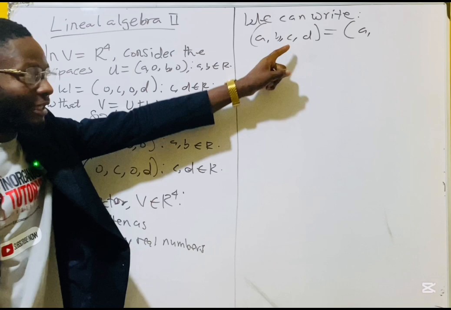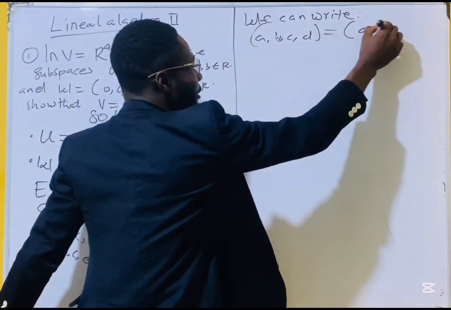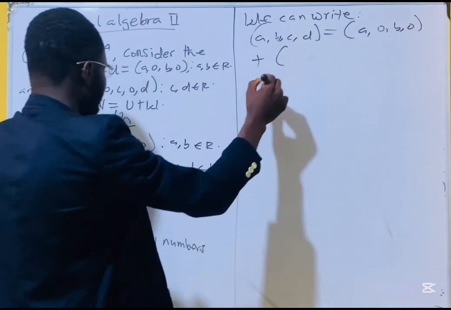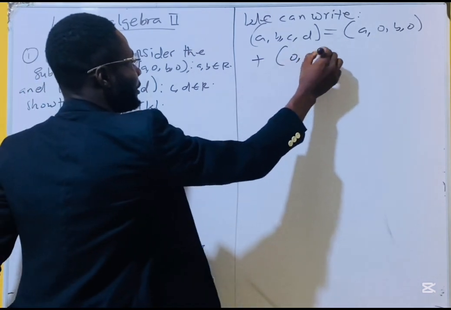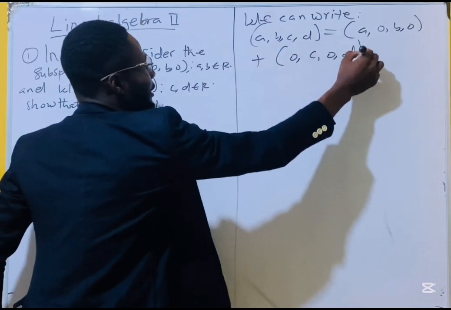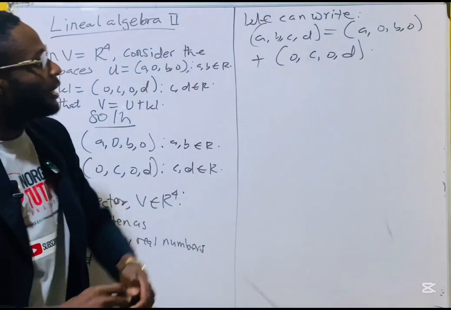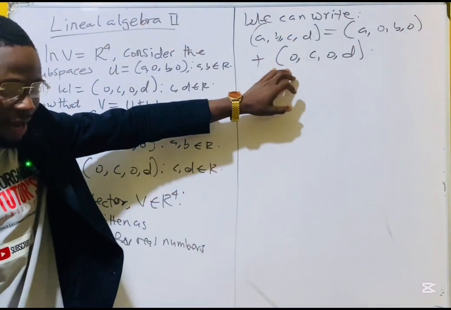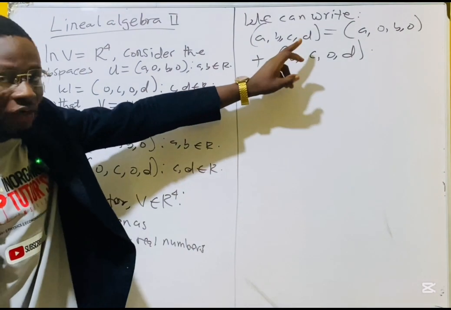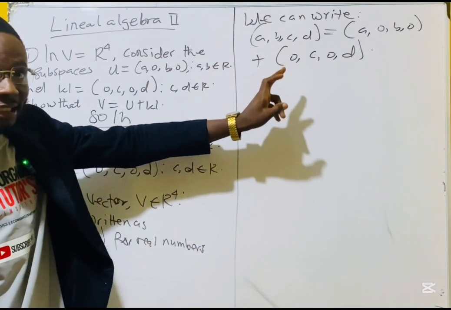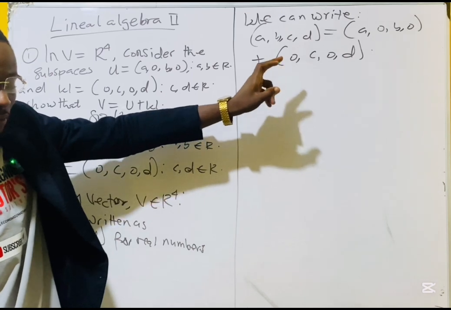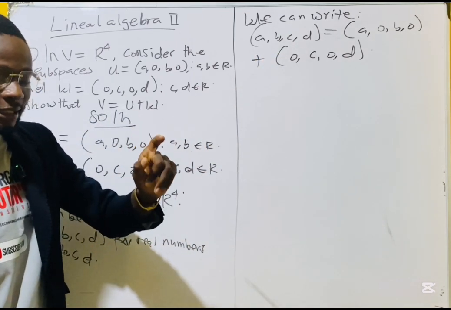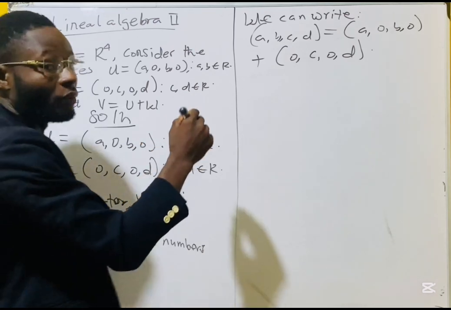So that is equal to (a, 0, b, 0) plus (0, c, 0, d), right? So this is the same as this plus this. And don't forget that the first part is in U and the second part is in W. So we have to write all that.